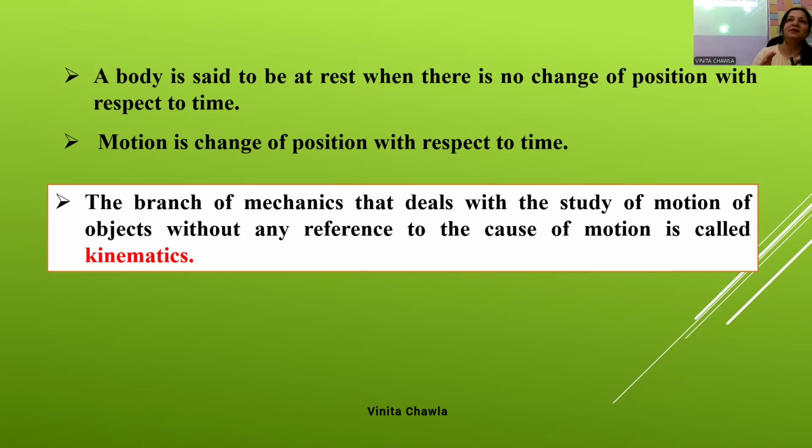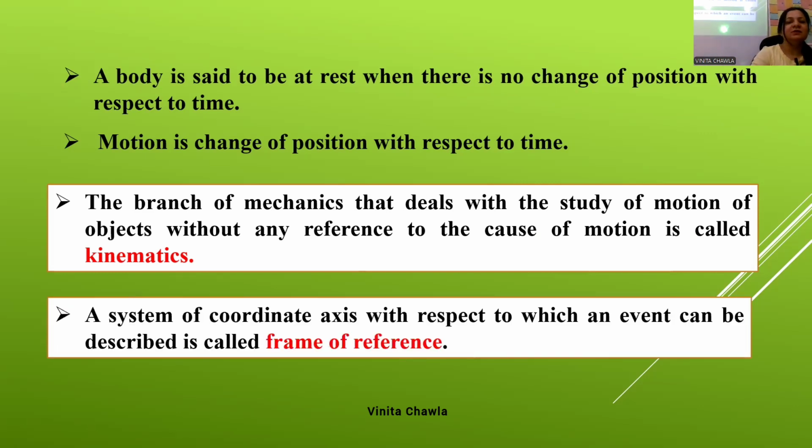Kinematics is a branch of mechanics, and mechanics is a branch of physics, and physics is a branch of science. So in science, we have physics. In physics, we have mechanics. Your first 7-8 chapters are of mechanics. And in mechanics, we have different sub-branches. One of the sub-branches is kinematics, where we do not consider the force which causes the motion.